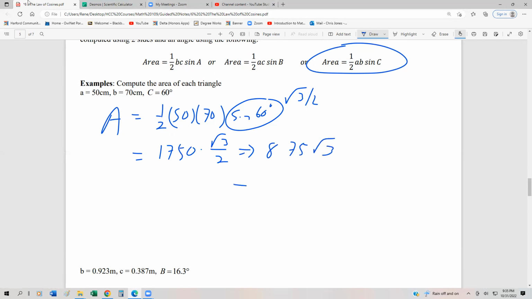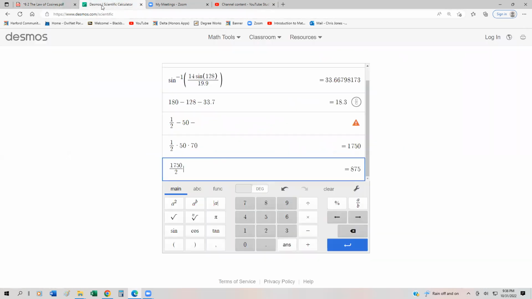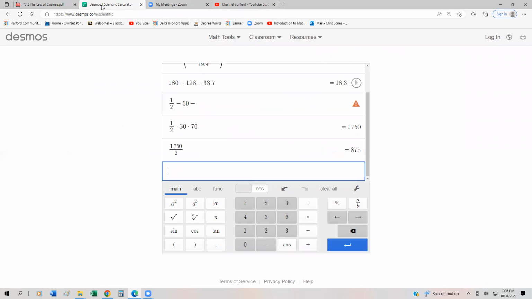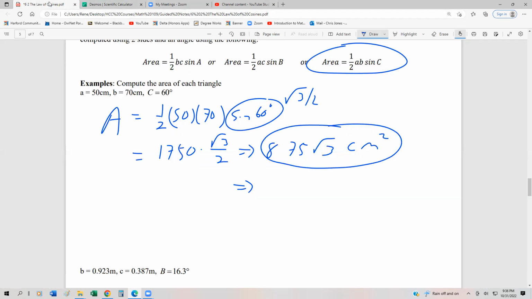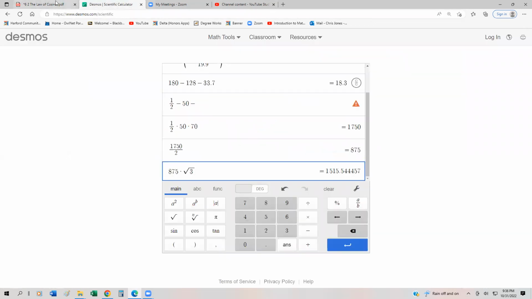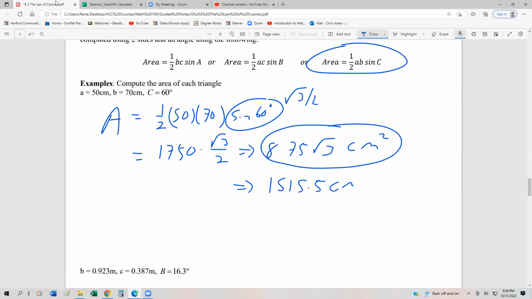Or if we just wanted an approximation, and this would be in centimeters squared, we could go into our calculators and take 875 times the square root of 3, and that would be 1515.5 centimeters squared.